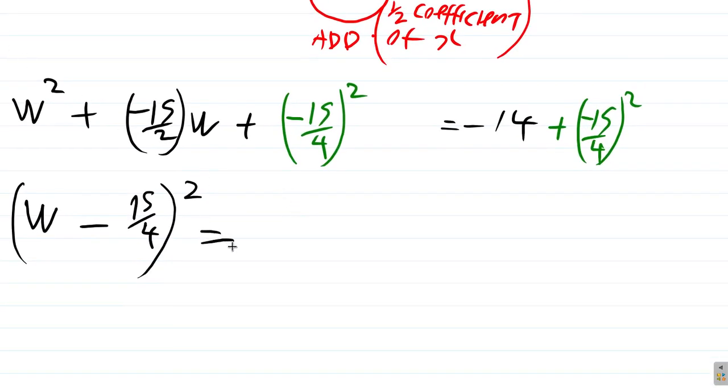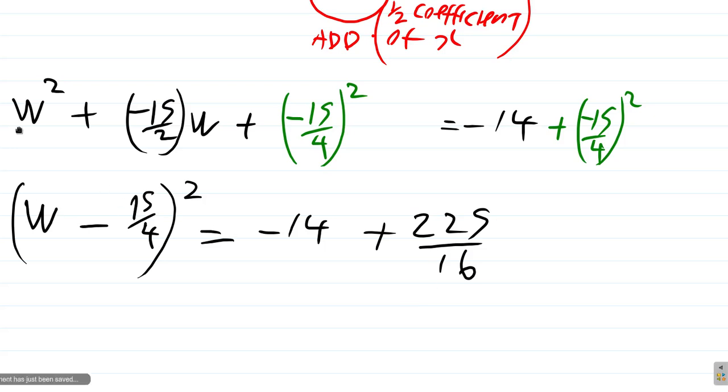And that is equal to, and then we have to sort out this part now. Alright? So we have negative 14 plus 15 squared. From what I remember, that's 225. That's going to be 15 squared, 225 over 4 squared, which is 16. Now, this is the same as negative 14 over 1.